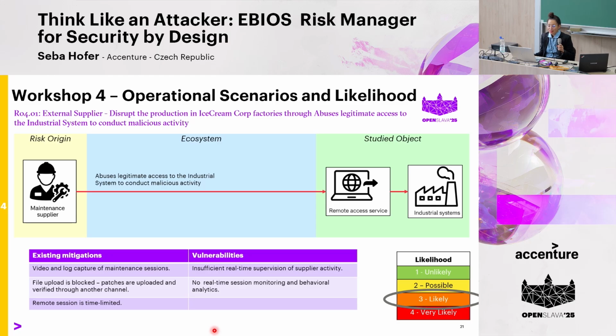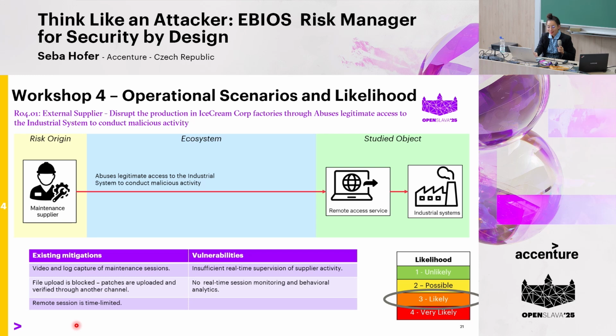What can happen in this case is that they will only be able to investigate who did it after the fact, but maybe the supplier by then is gone. Somebody ordered him to do this, they paid him, and now he's gone.